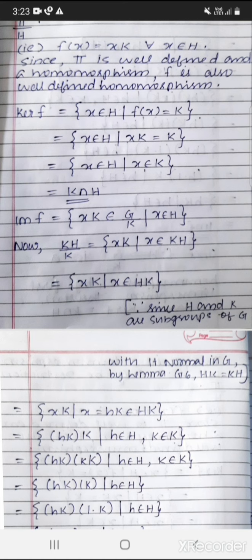So by lemma G6, that is given in video 2, the second part of field theory, from that we can write HK is simply equal to KH. So instead of this we can write it as the set of all xk with x belongs to HK, by lemma G6.